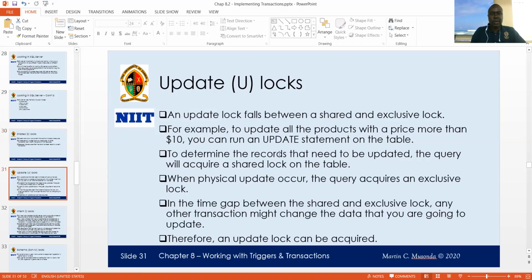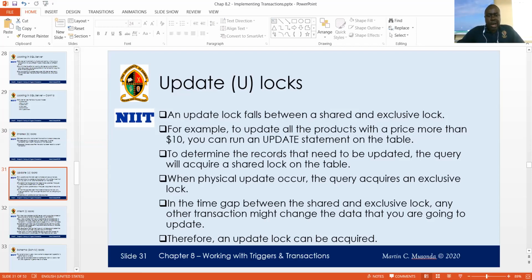Now, the update locks are like a compromise. They have features of shared locks and exclusive locks. For example, to update all the products with a price more than $10, you can run an update statement on the table. To determine the records that need to be updated, the query will acquire a shared lock on the table.